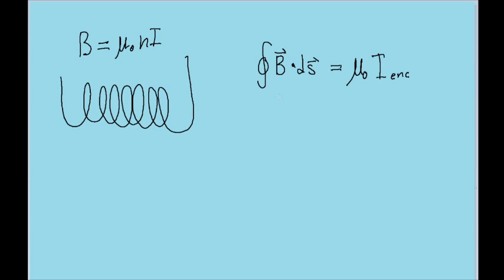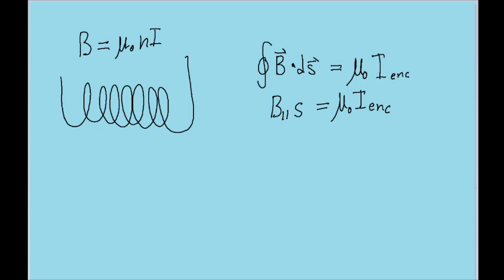In practice, this usually just means the B field parallel to the loop, multiplied by the distance within the loop that it travels through, or B times S. So now it looks much nicer.